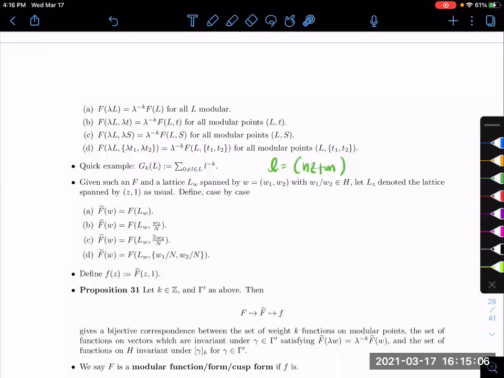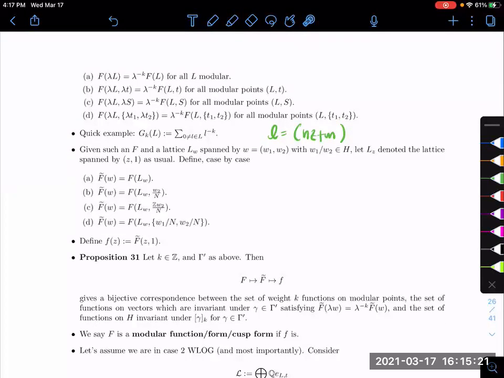Okay, and then you can actually take this a step further. So you've got modular points, then you've got weight k functions on the sets of modular points. And then you can do one more thing. You can normalize the situation as follows. If I give you a function on the set of modular points for a lattice, and then let's say I take a lattice L sub W, where W is W1, W2, and W1 and W2 actually span the lattice.